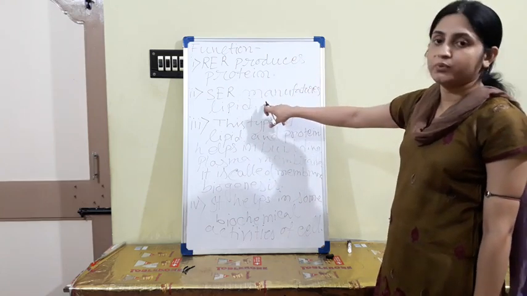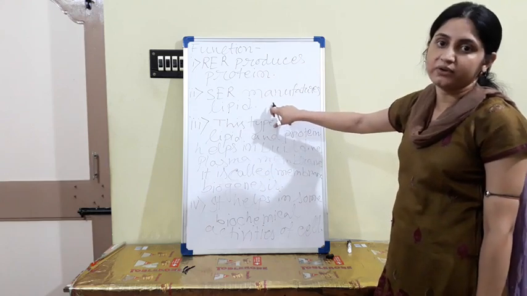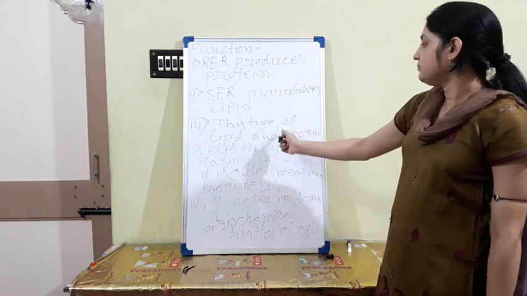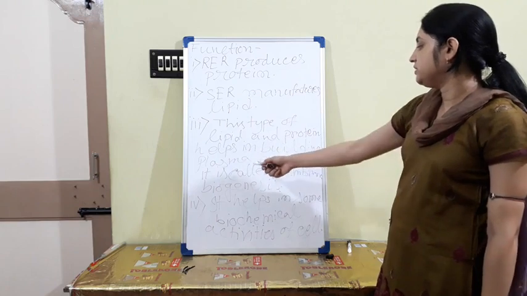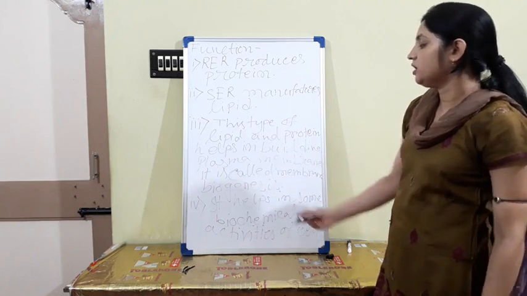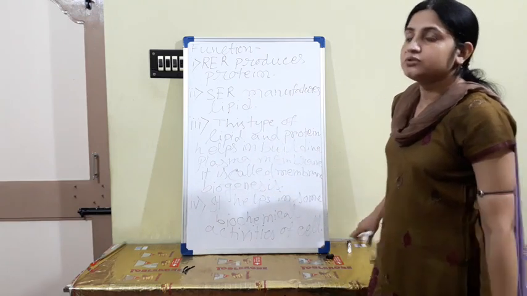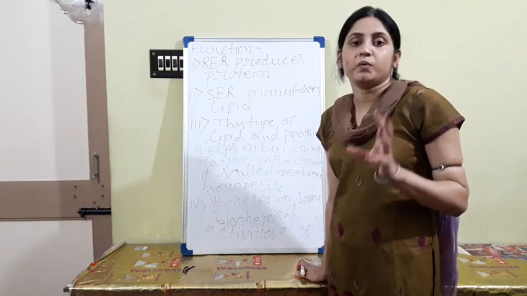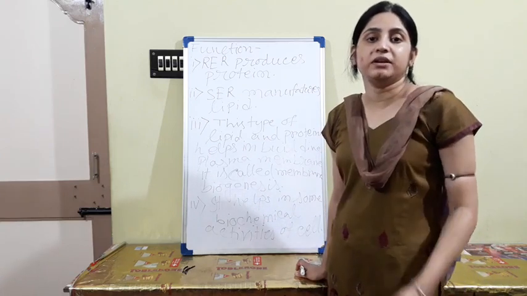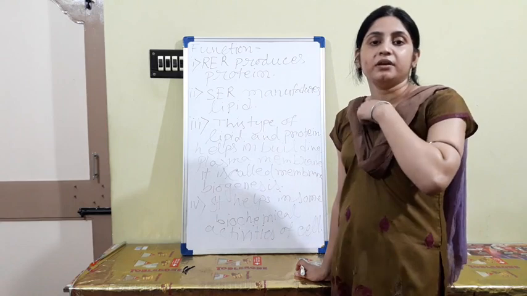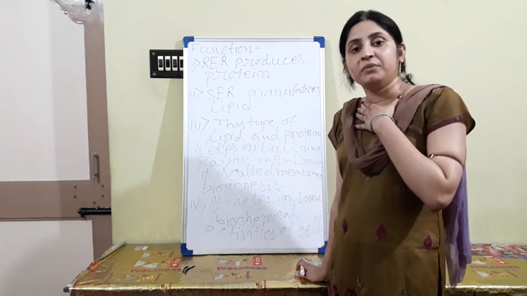SER produces lipids, it is the lipid manufacturing site. This type of lipid and protein helps in building the plasma membrane, it is called membrane biogenesis. The process by which protein and lipid help in building the plasma membrane is called membrane biogenesis.